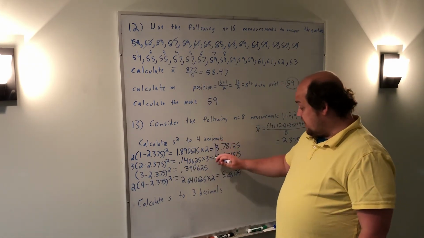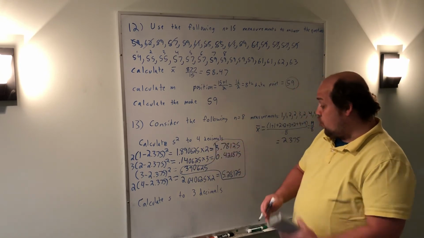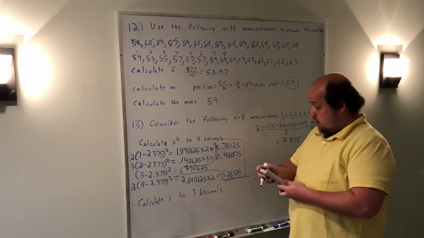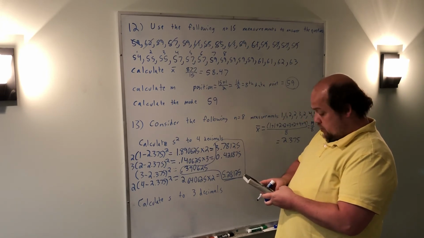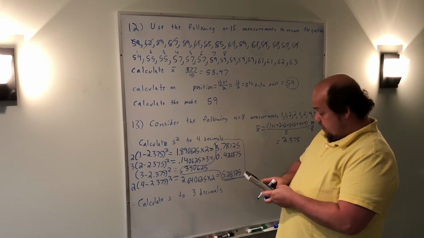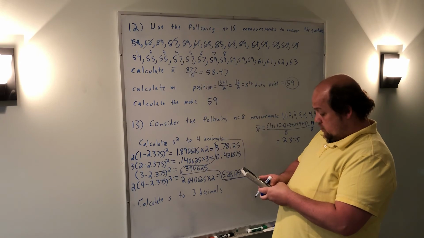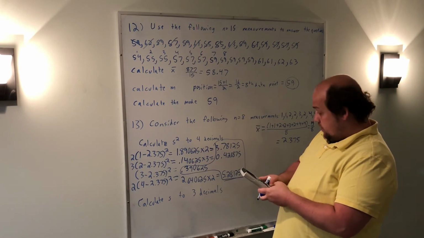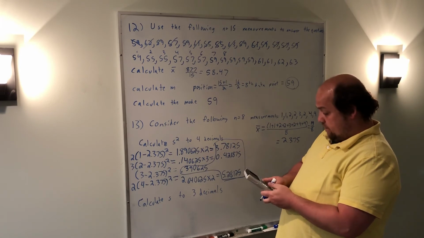So now I have these numbers that I need to add together. When I get the total of them, I'm going to add together 3.78125 plus 0.421875 plus 0.390625 plus 5.28125.